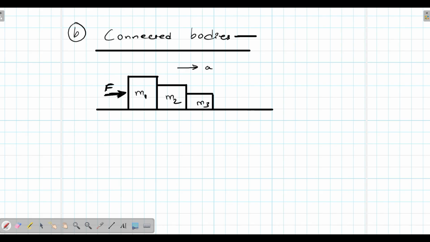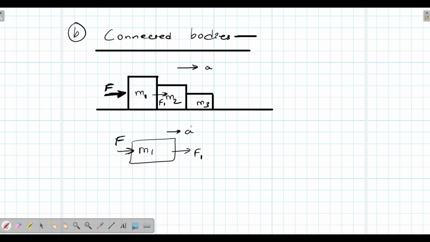So this is mass M1. For mass M1, this force is F and this force is F1, and this is acceleration.